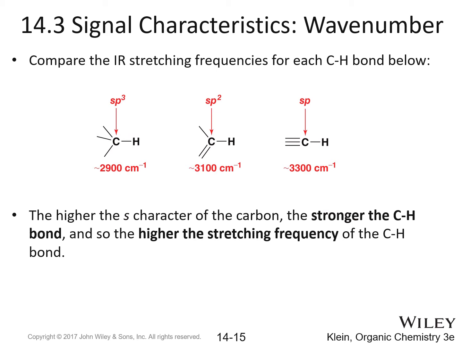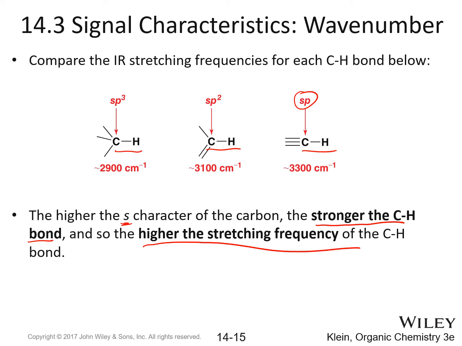However, when we can distinguish differences, such as the hybridization state of a particular carbon atom, we can see peaks in different places. So let's compare the wave number, or the position on the x-axis, where we find different hybridized carbon-hydrogen bonds. The higher the s character, like sp has a higher s character than sp3, the stronger the CH bond, so the higher the stretching frequency will be.